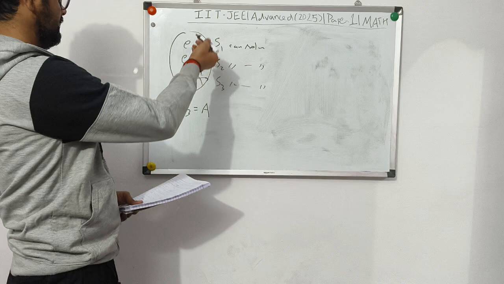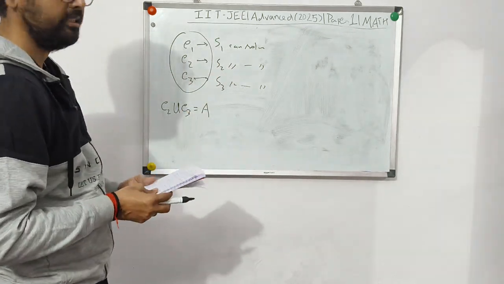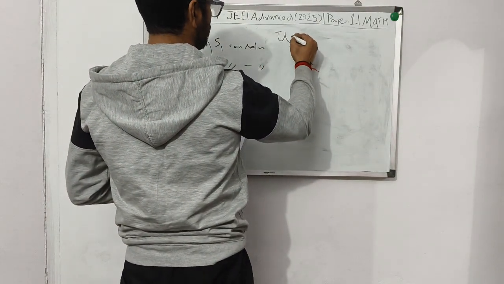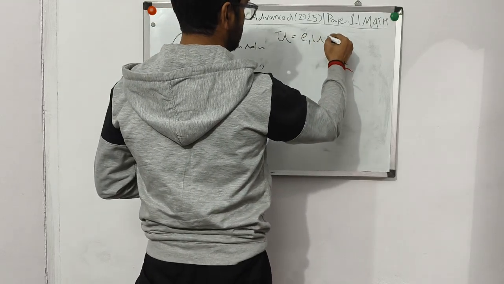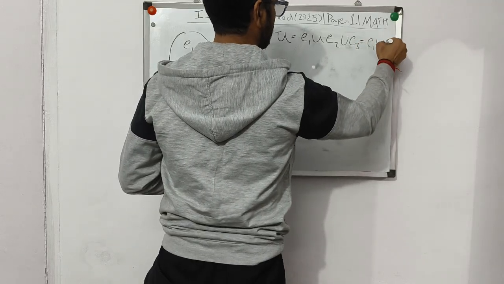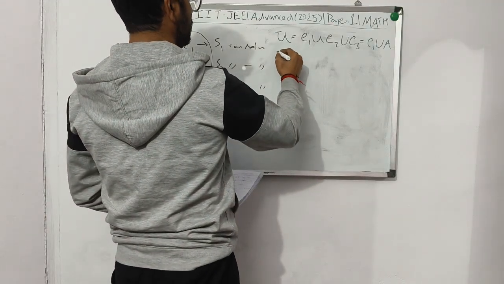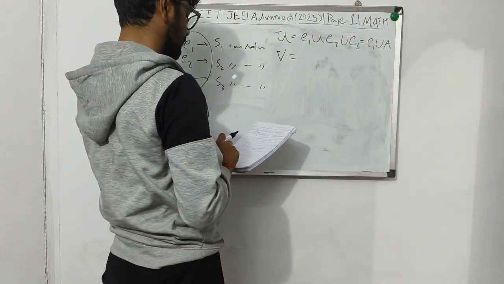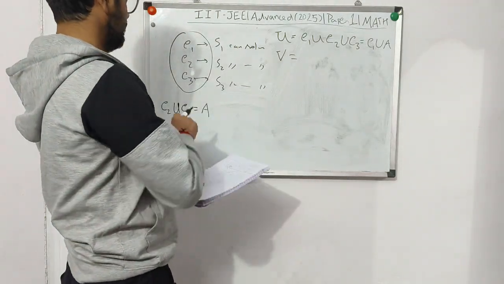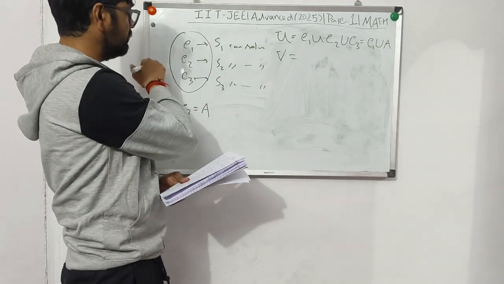So after setting up these definitions, I will rewrite the events U, V and W. U equals E1 union E2 union E3 equals E1 union A. V equals the conditional event that S1 can solve given that neither S2 nor S3 can solve.